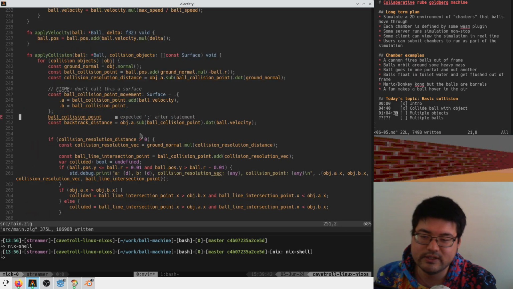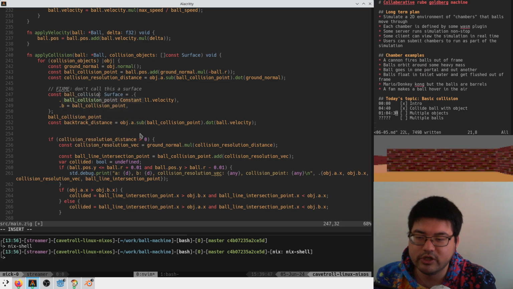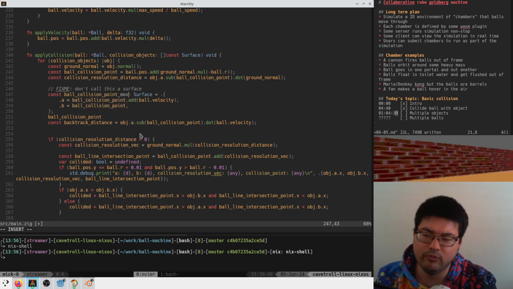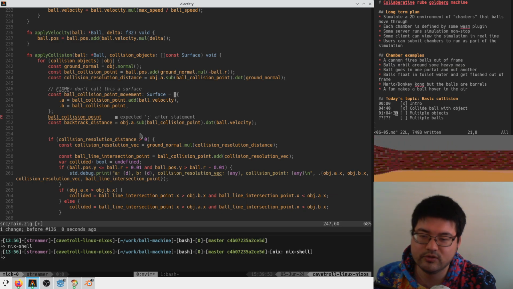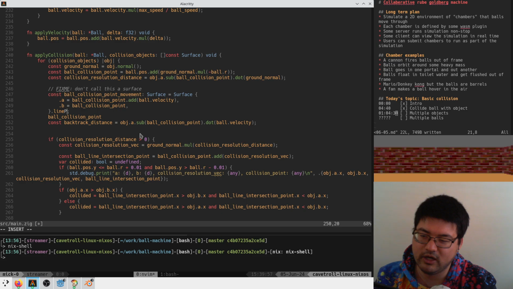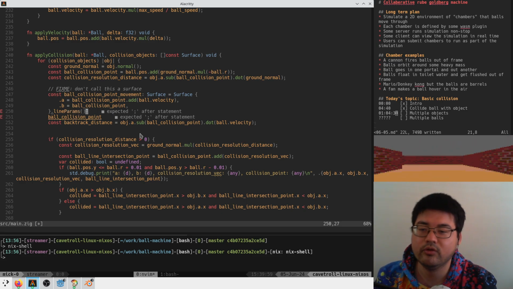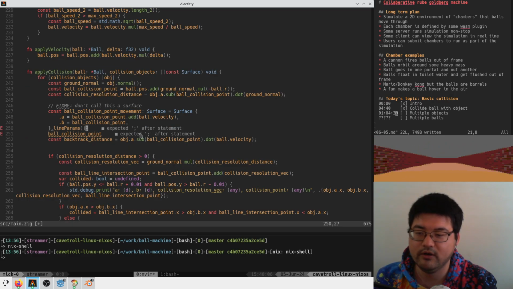Then we can say that we have ball collision point movement. This makes sense still. Is this surface with this movement? We get line params out of it. Seems fine. I don't know why it doesn't like this.